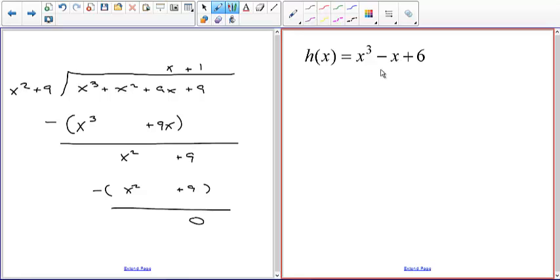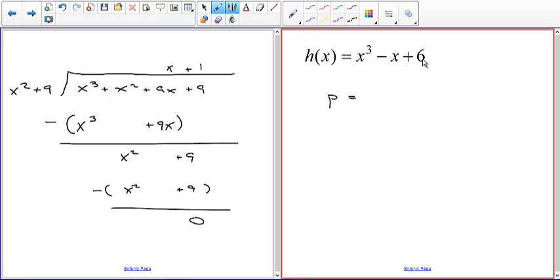Okay. So let's look at this one. So it's missing the x squared term. We're not given any information, so we're going to have to guess what they are. So what we're going to do is use the rational zero test.